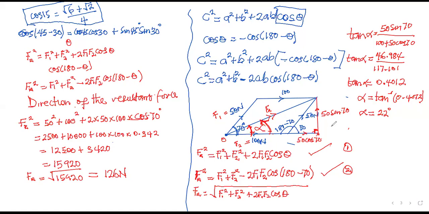Yes, sir. All right. Then the sine rule, which is another method of measuring the angle, is a ratio of the angle to the opposite side. Okay, so when I take sine of the angle in question, which is alpha, divided by which vector is opposite to this angle? Which vector or force is opposite to this angle alpha?